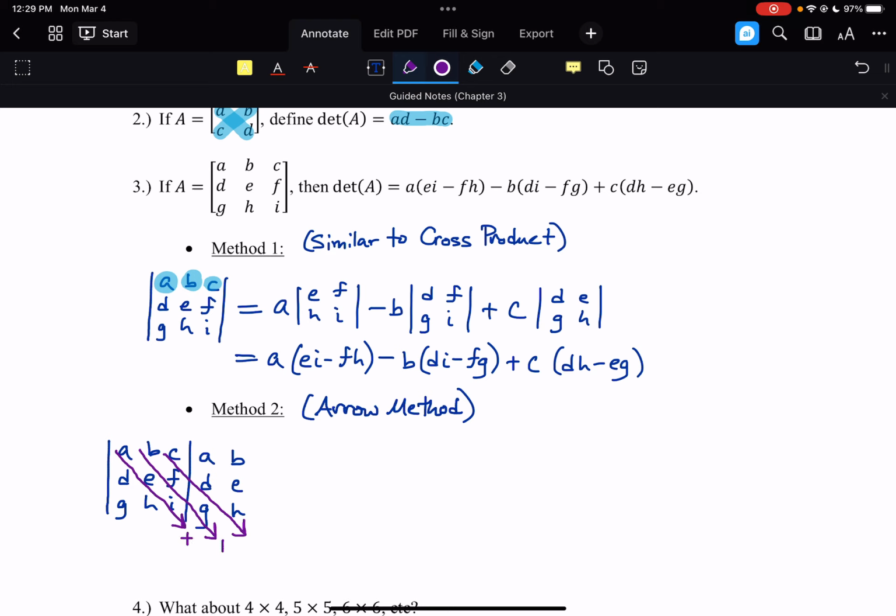And each of these get a little plus under them. Now, on the flip side, we go to the bottom left corner and we go up that diagonal there. Next one, we go up that diagonal, and the next one, we go up that diagonal. And each of these get a minus on them.